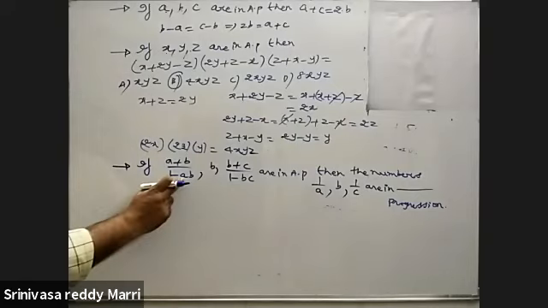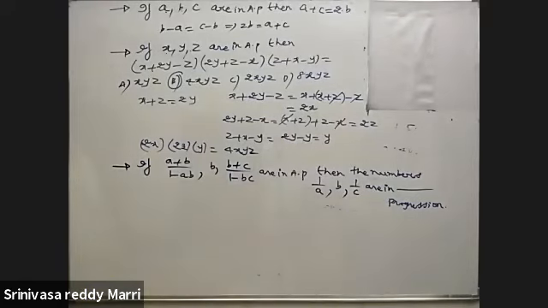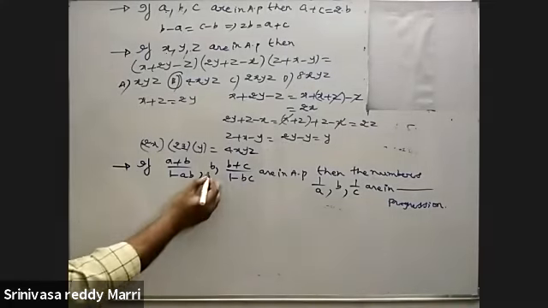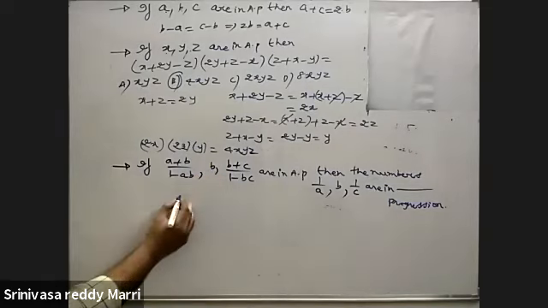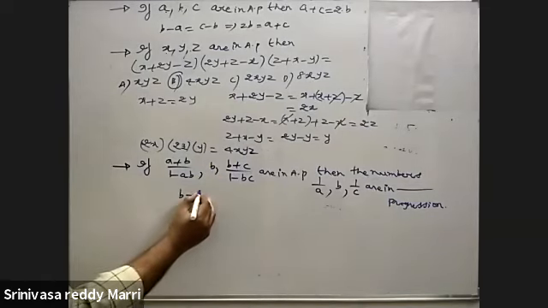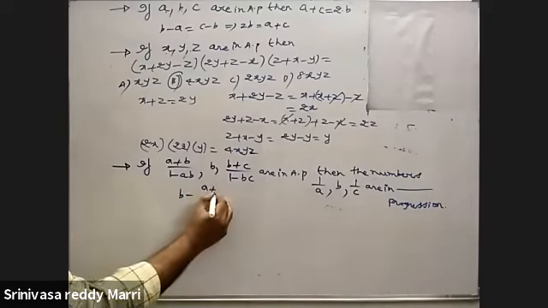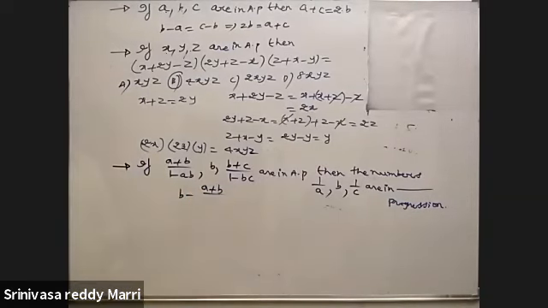So these are given in AP. Either you can write this plus this equal to twice this one, or you can make the common differences same. I am approaching this method: common difference, this minus this, so that simplification will be easy.